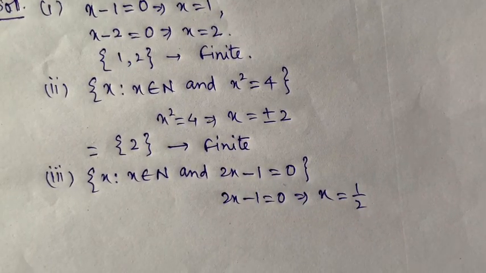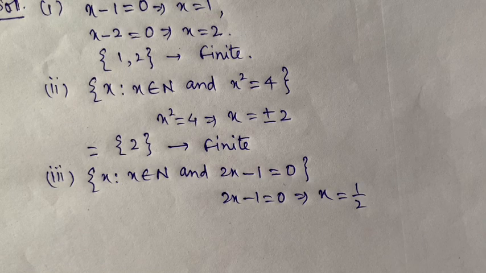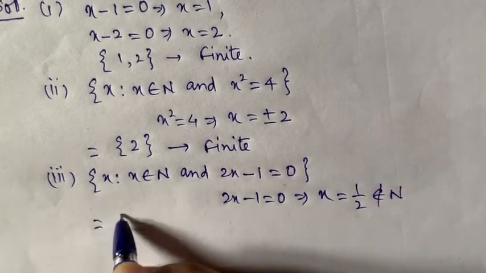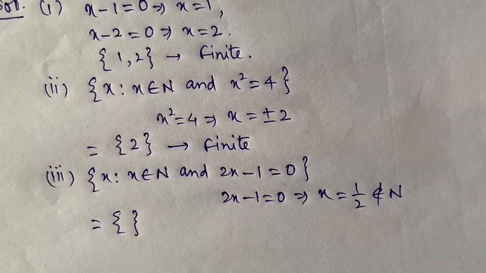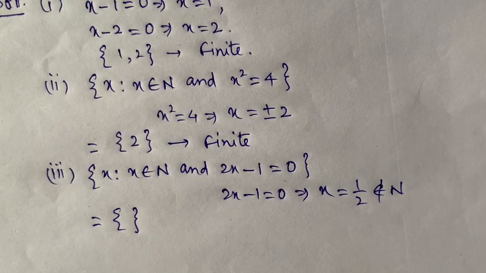Does this mean that we have obtained a natural number? No, x is equal to 1 by 2, which is not a natural number. So we will have an empty set in this case. We have considered so many examples of empty sets and this is another example of an empty set.